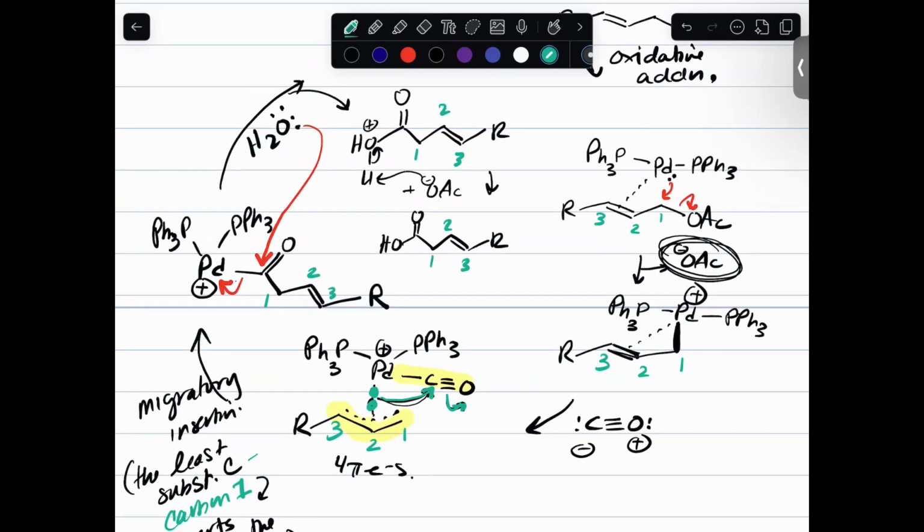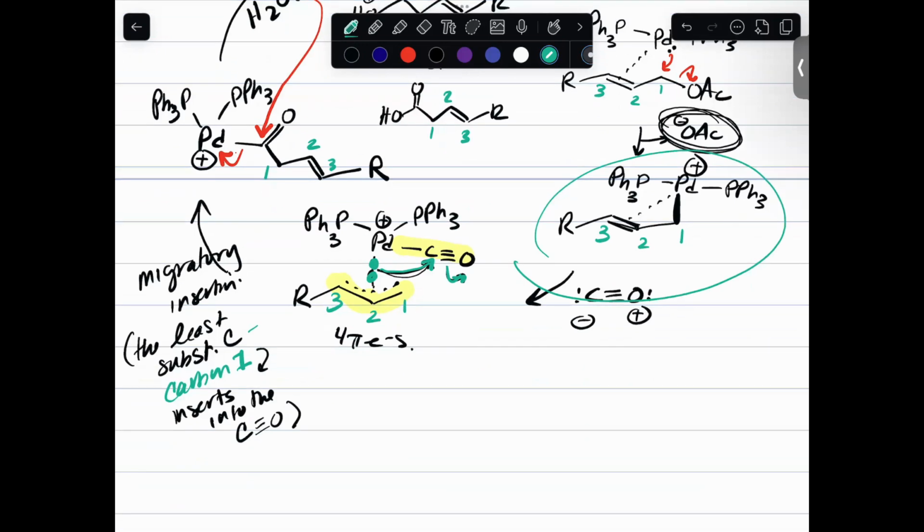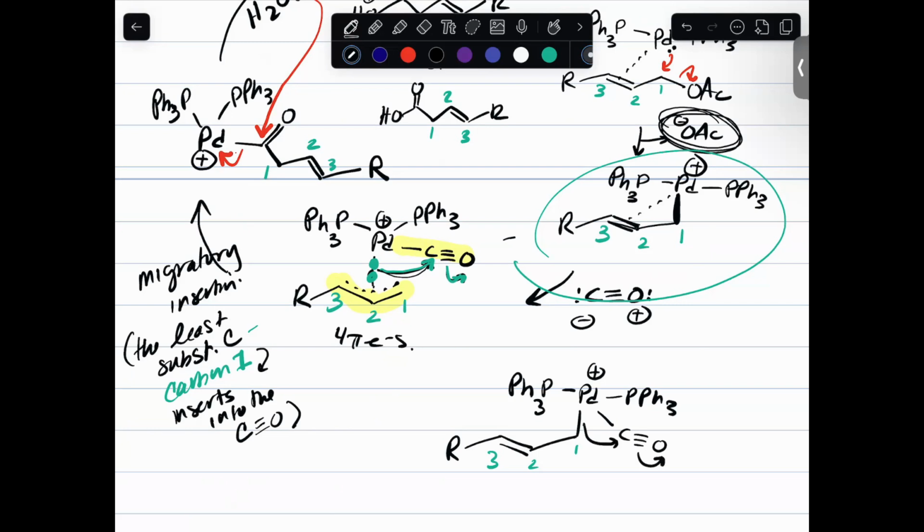Okay. Now, this also probably is best seen using this intermediate. So if we draw the carbon monoxide adding to this intermediate, now they're the same, right? With the eta-3 and this intermediate are the same, but it's easier to see it for this intermediate in the sense that you can see the carbon monoxide complexing to the palladium and then doing a migratory insertion.